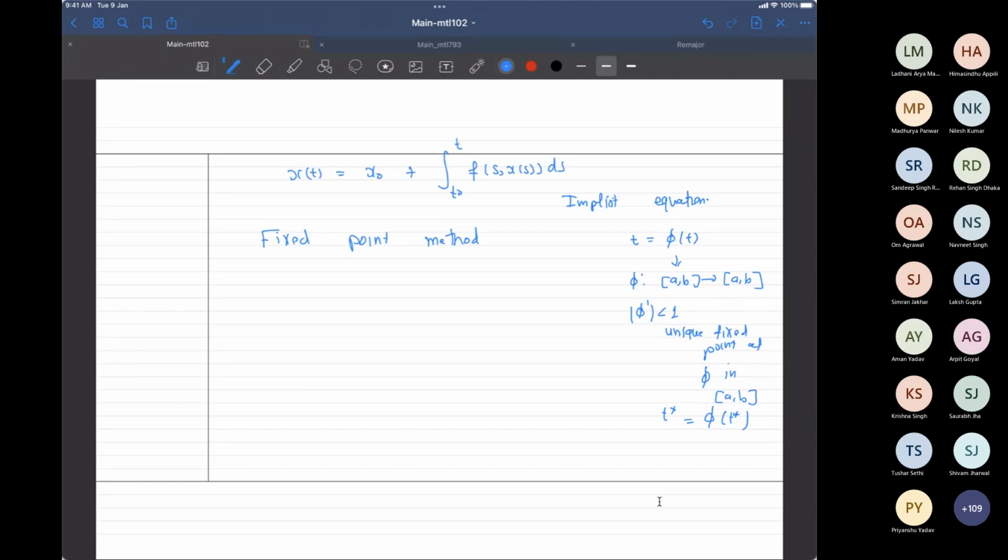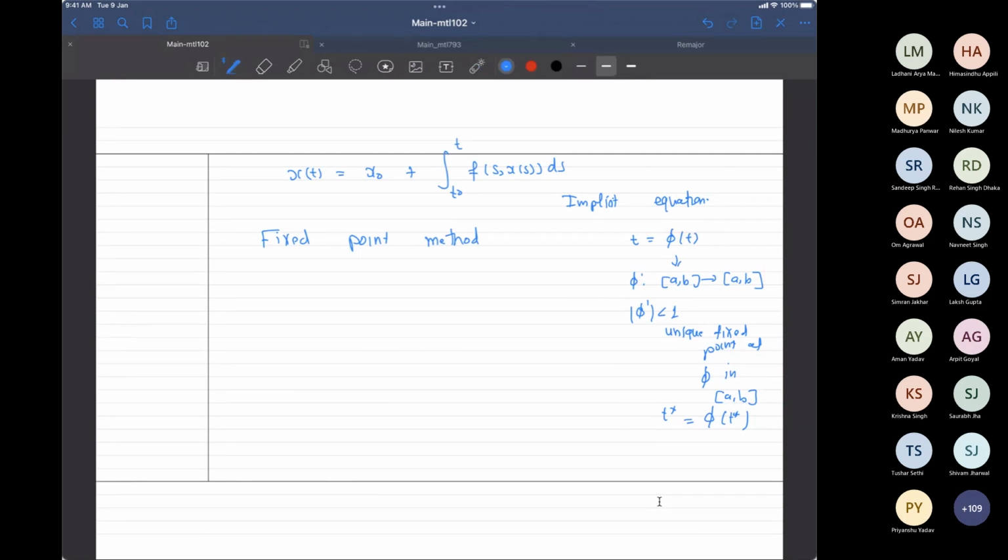You can do something like that here, but for that you need a little more topological structure, because all these things have to make sense. The domain here will be something else, because these are not real values, these are functions, and then you need to appropriately change the norm. You can do exactly the same thing, because this fixed point theorem also holds in some complicated Banach spaces. If you don't know what a Banach space is, they are complicated vector spaces, but we won't do that, we just take some idea about it.